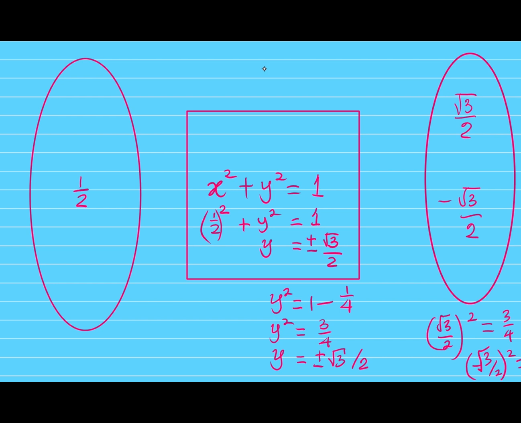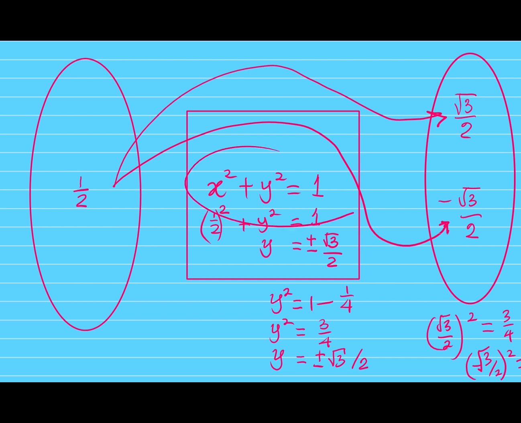So half is left asking itself, do you want me to go to root 3 over 2? Or, for the life of me, do you want me to go to negative root 3 over 2? When this happens, you say that x squared plus y squared equals 1 is not a function.